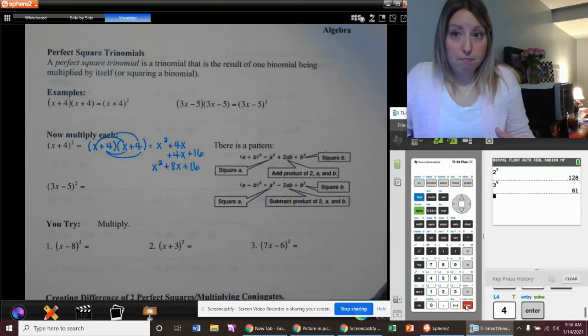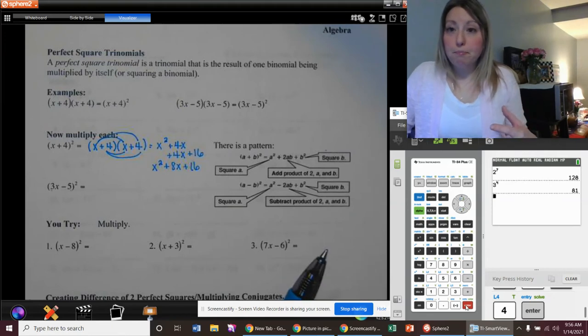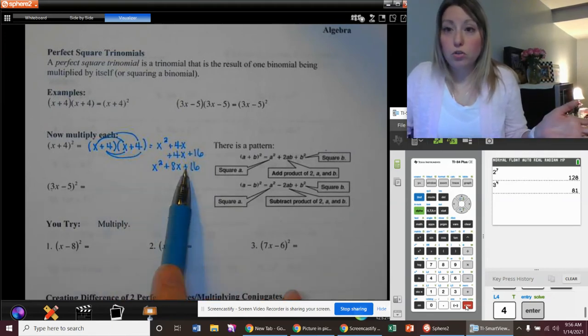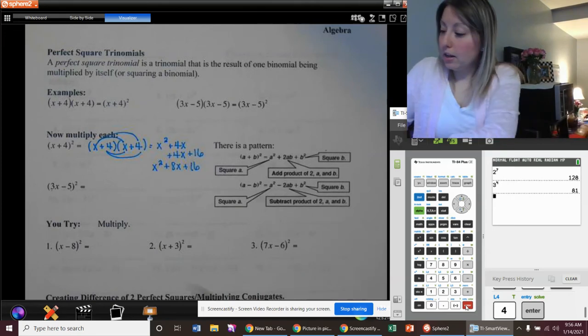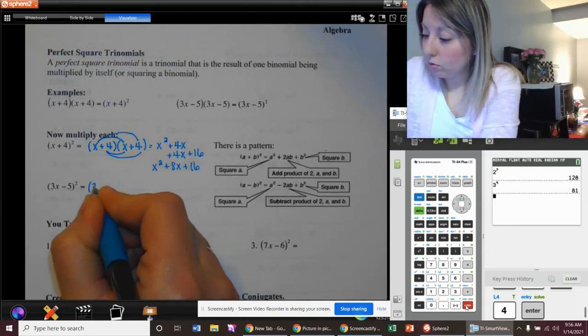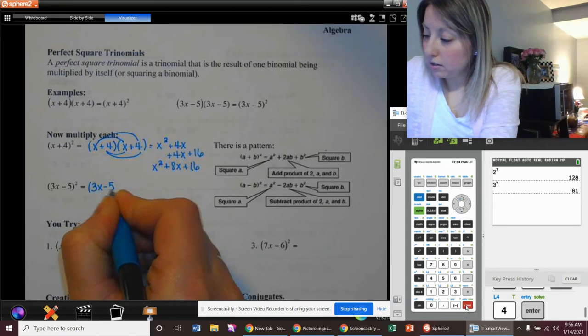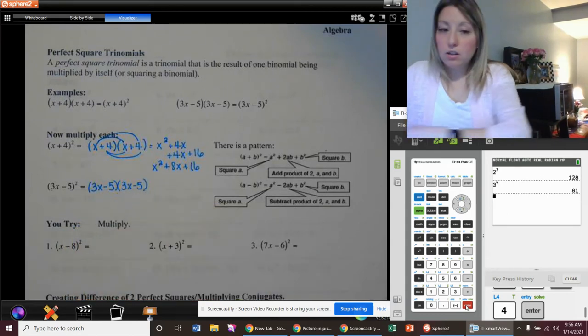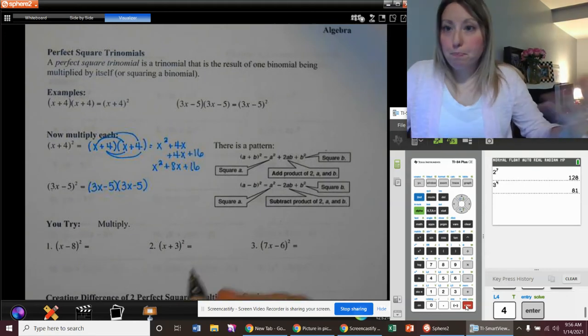If you don't know that and don't understand that, that's okay. Just FOIL it like I just did. Just FOIL it. And again, write this out: 3x minus 5 times 3x minus 5. So you don't forget that this is FOIL.